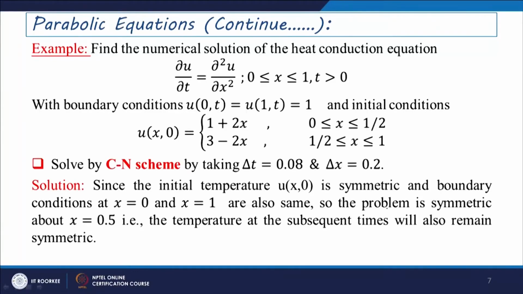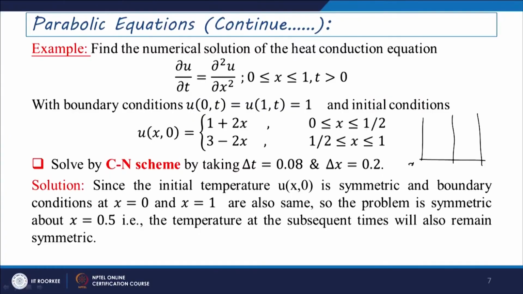The problem statement is del u by del t equals del square u by del x square, where x lies between 0 and 1 and time is greater than 0, with the boundary conditions prescribed at x equals 0 and at x equals 1 as 1, and the initial condition given as 1 plus 2x when x lies between 0 and half.